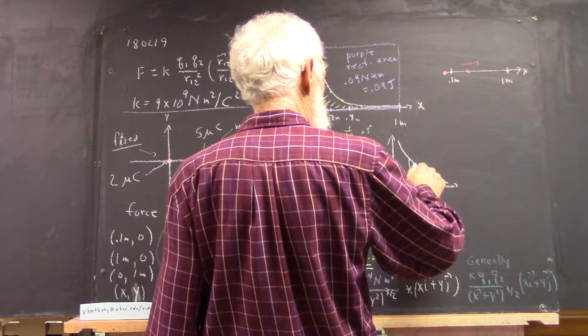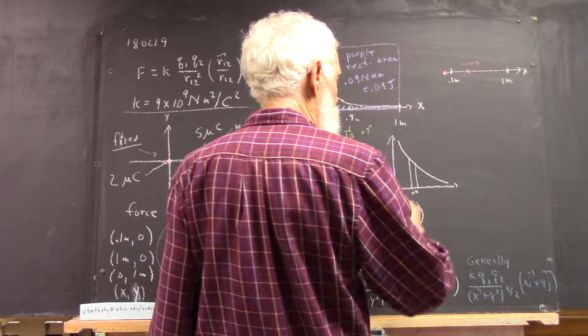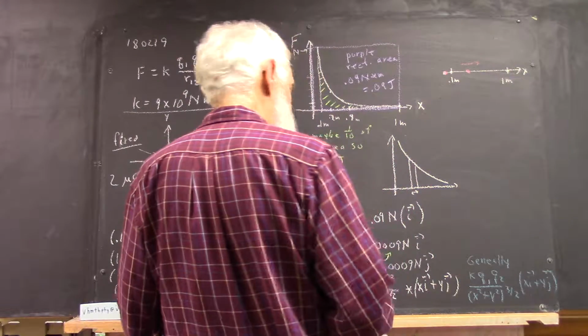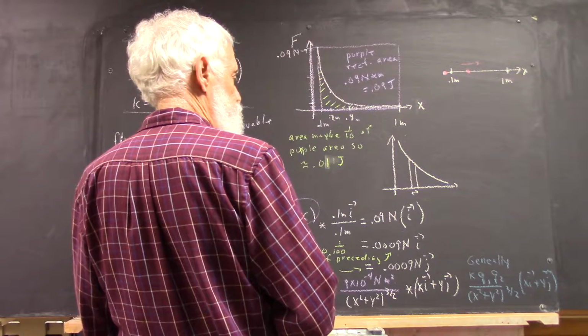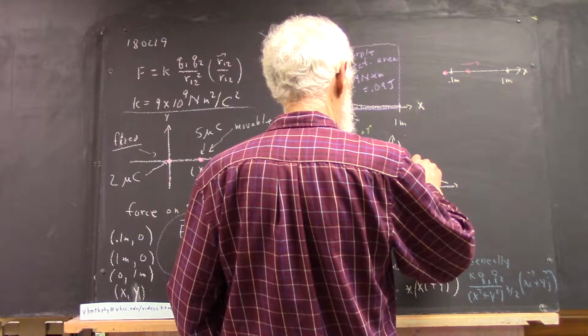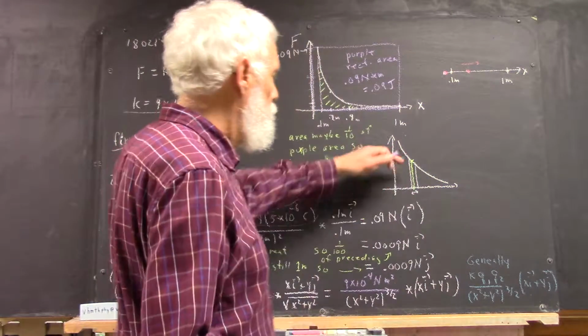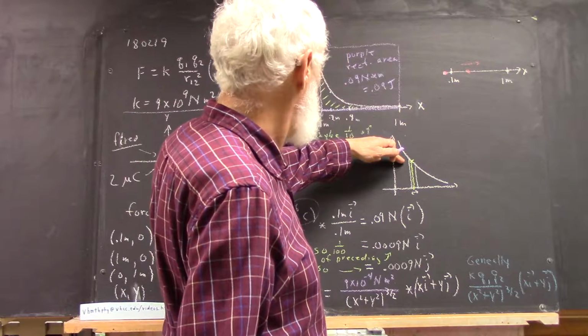We can take a typical increment here and approximate its area by taking a sample point somewhere within the increment. And here is the value of our function at that point, right?